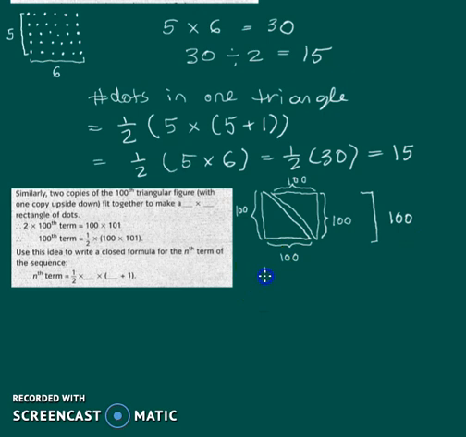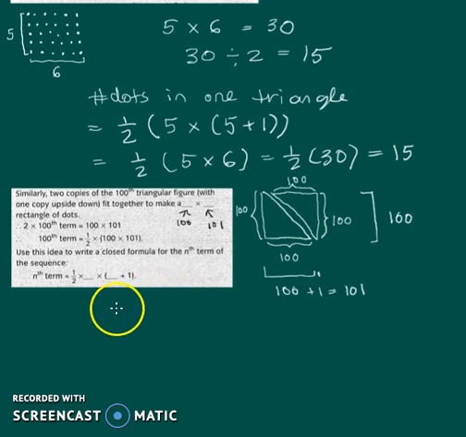And on this side here, well, we have 100 dots, plus we have this 1 dot from the other triangle, so plus 1. So on that side we have 101. Now, we can fill out this part of the question. Here we can write, it's kind of small, but I'm going to write 100 by 101.